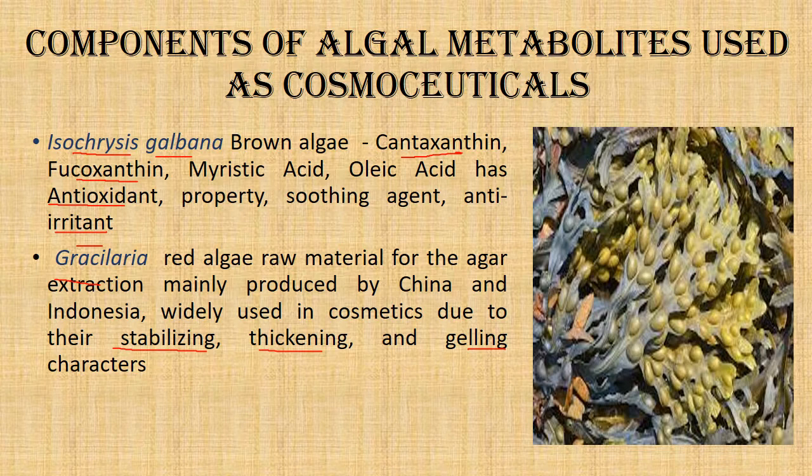This property has been used in various skincare products, and it is also anti-irritant. Apart from being used in cosmetics, Isochrysis is also a very good feed for the aquaculture industry, especially for mollusks and fish. They feed on Isochrysis, which is a planktonic form of algae.